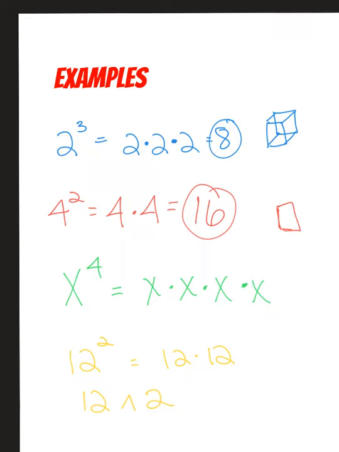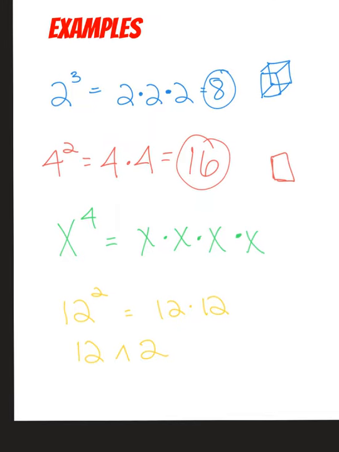Now for an iPhone specifically, you would have to turn your phone sideways so you get the big calculator. There's a button that looks like this, the x to the y button. You first type in the first number.